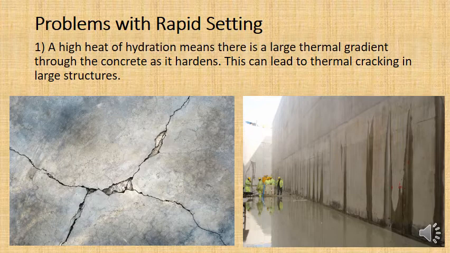So if you're building a really large concrete structure, similar to that concrete wall in the right-hand picture, what's going to happen is you're going to have concrete on the outside, on the surface, reacting. The cement is reacting with the water, and the heat coming from that hydration reaction is going to escape out of the concrete.